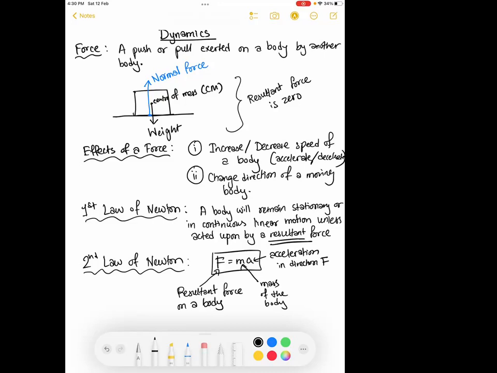The force and acceleration will always act in the same direction. So I'm done copying too.